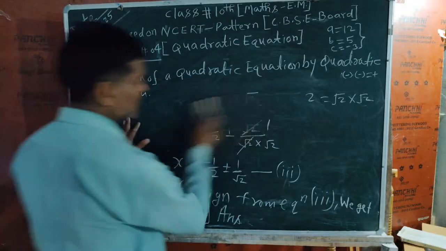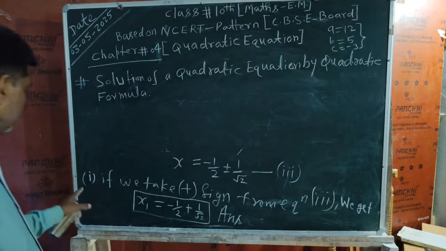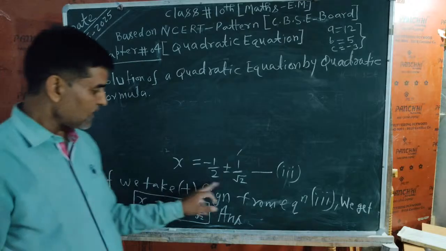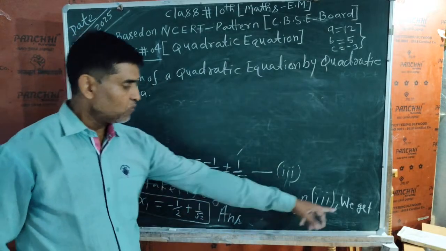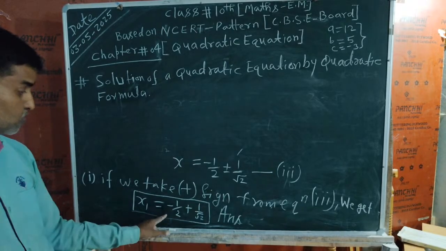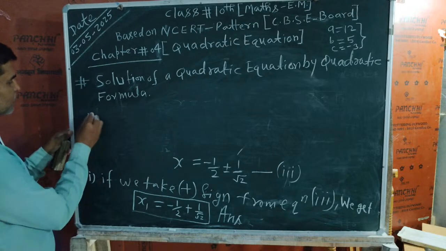Now above data I am going to erase for further calculation. Now here condition 1 I have written here. If we take positive sign from equation 3 we get. So after taking positive sign I have got this one. So this is one root of the given quadratic equation. Now second condition I will write here.